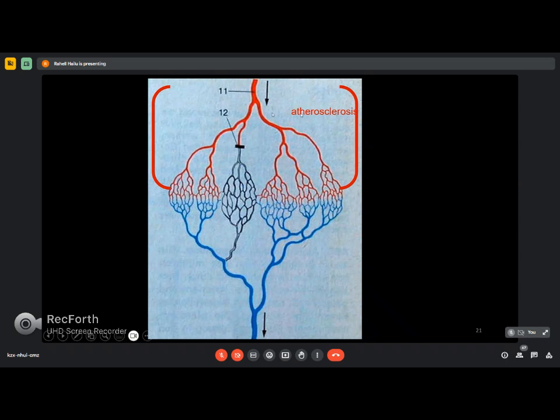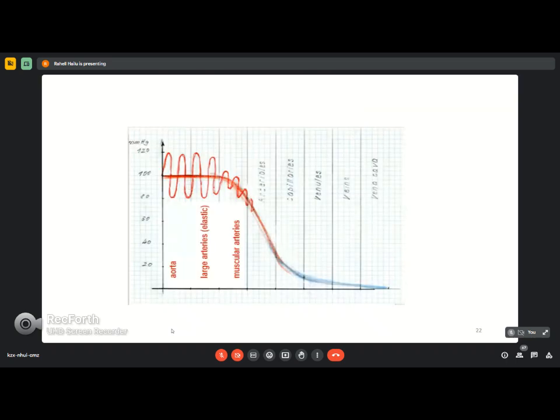So like we said, the big arteries, the muscular arteries, not involving the arterioles, is where atherosclerosis commonly occurs. We don't see atherosclerosis in the venous circulation. So at the end of atherosclerosis, I will ask you why the venous circulation does not support atherosclerosis, okay?